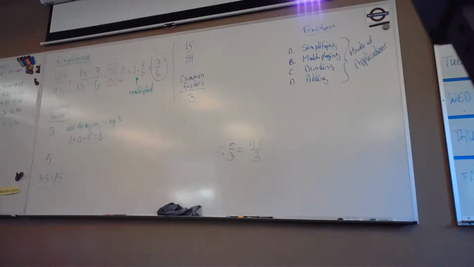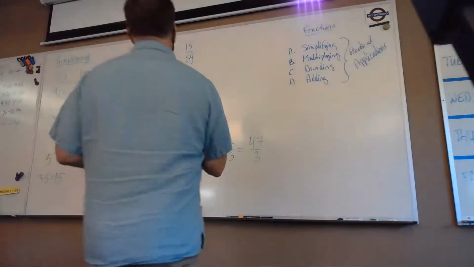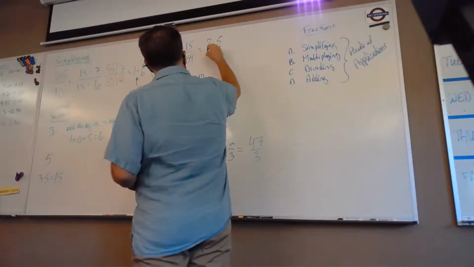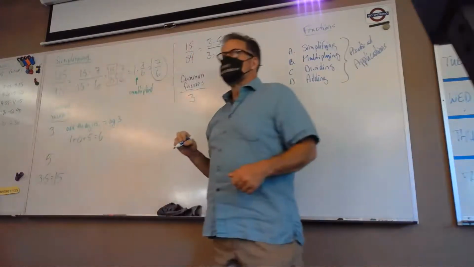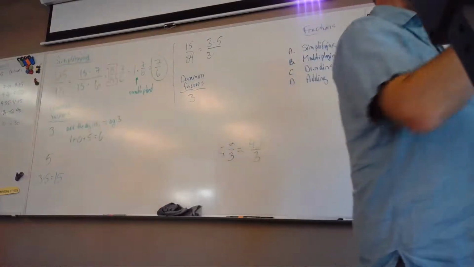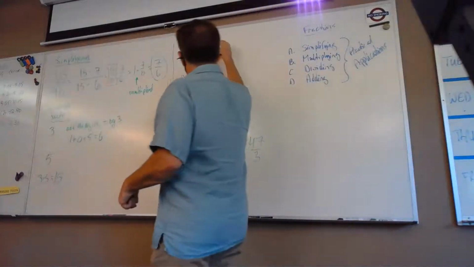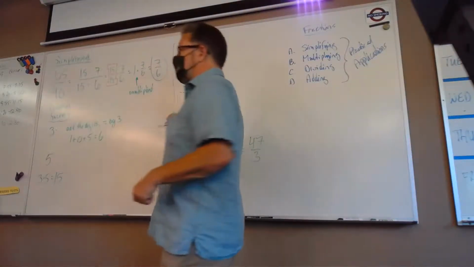It's a little harder as the numbers get bigger, so we might want to do it in steps. So I'm going to write this as 3 times 5 over 3 times... 28, says Jalen. Are we in agreement?